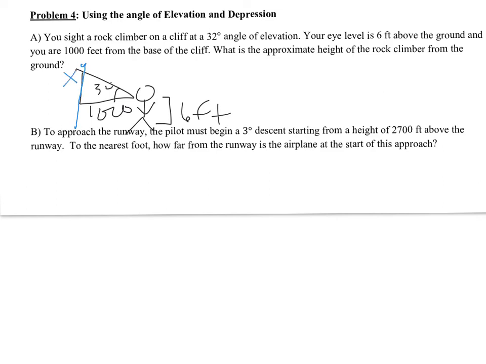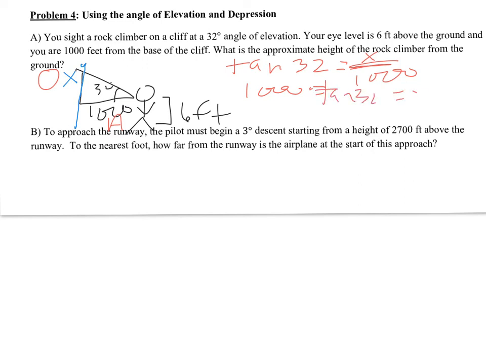So if I'm looking at this, I'm looking for my opposite. I have my adjacent. Toa. So tangent of my angle is equal to my opposite over my adjacent. I want to get rid of this division. I have to multiply by 1,000 times tan 32.